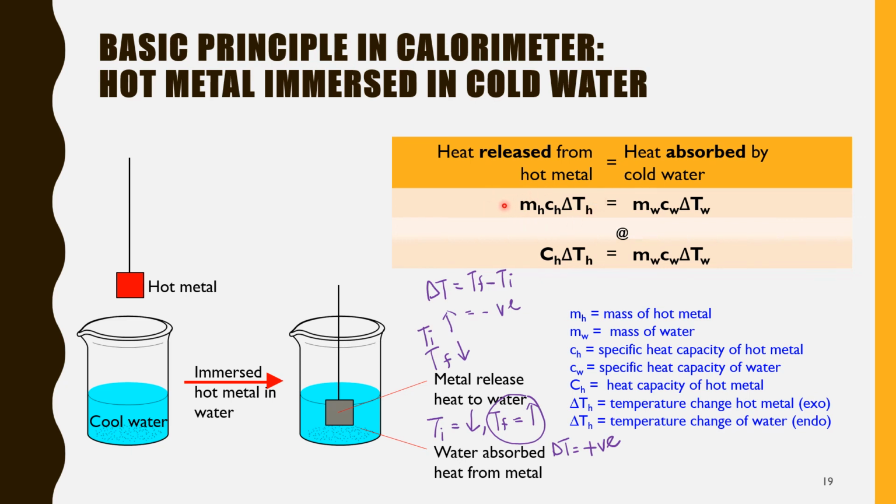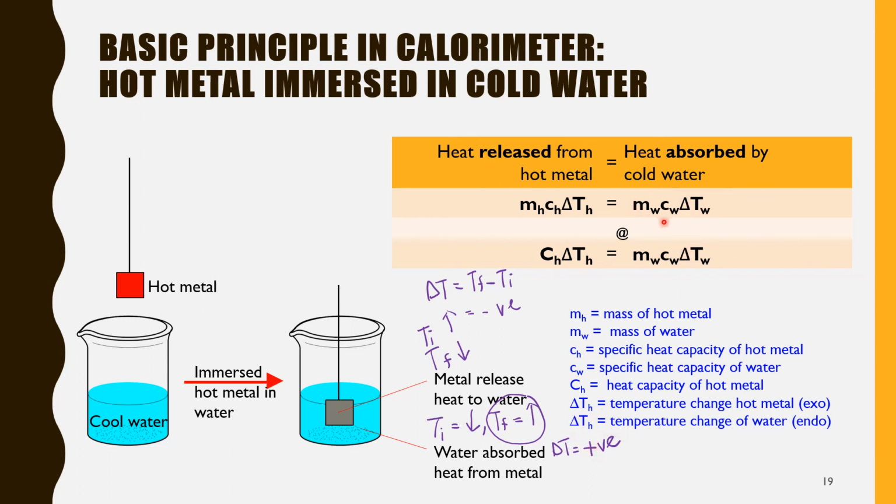So this is consistent dengan konsep kita lah, iaitu heat release. Okay, meanwhile for the heat absorbed by the cold water, okay, equals to mW times cW times delta T. mW is mass of water, cW is specific heat capacity of water, and delta T untuk cold water di sini. Okay, so untuk delta T, for this cold water, the value will be positive.